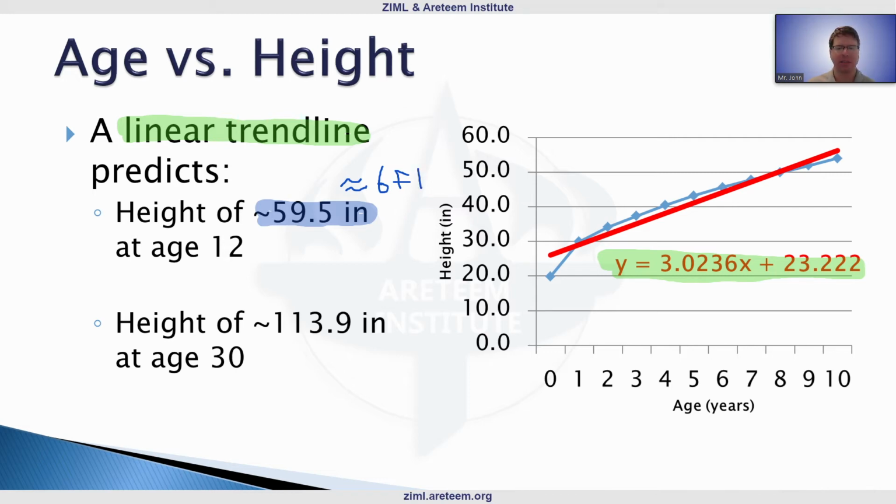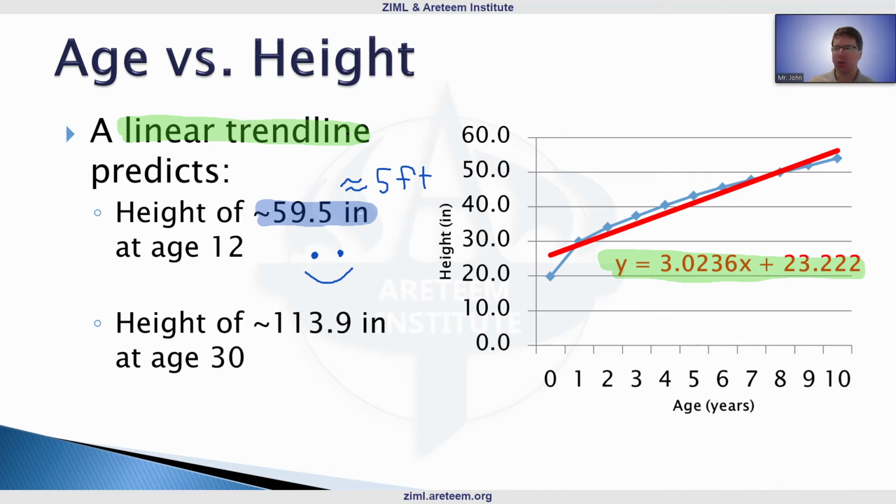Sorry, not 6 feet, 5 feet there. So 60 inches is 5 feet in that case. And this one is probably a pretty decent prediction. We could look back at the data. Let's not worry about that right now.